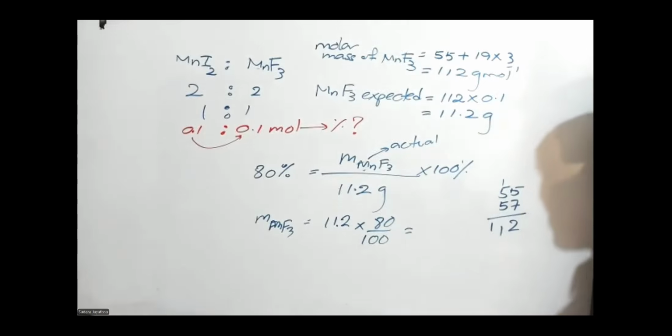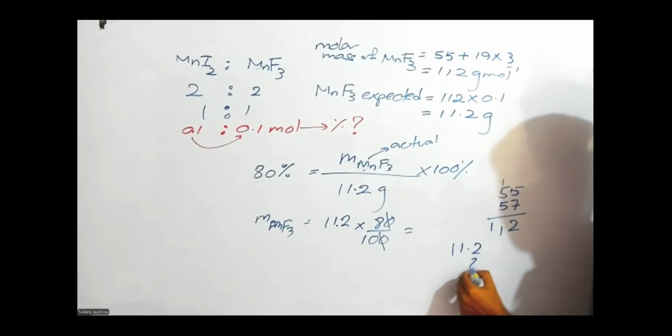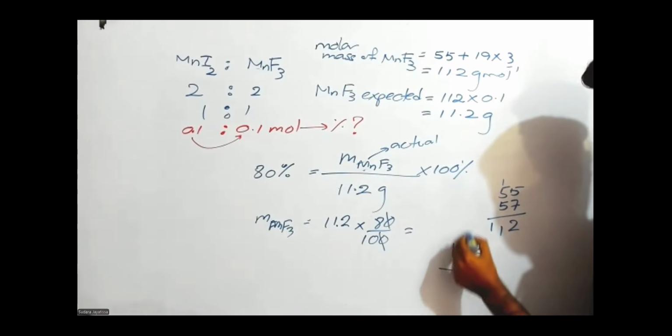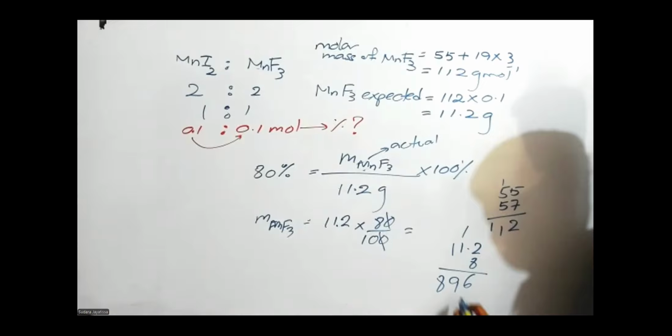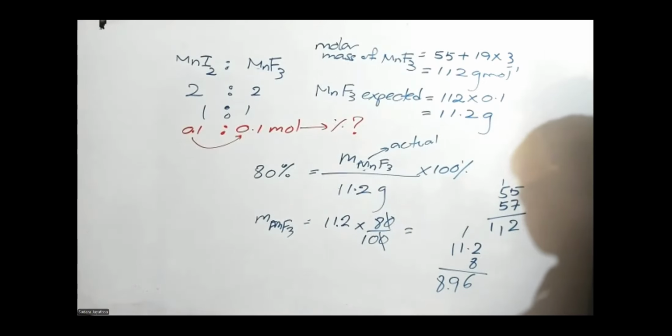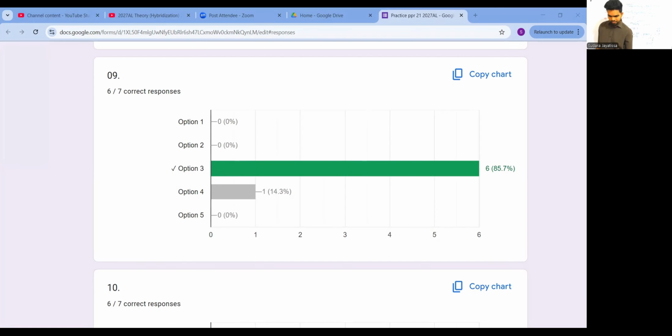Only 80% is given. Okay, so 11.2 into 8, that is 8.96. 8.96 grams.